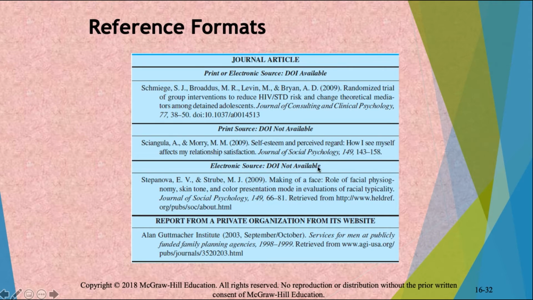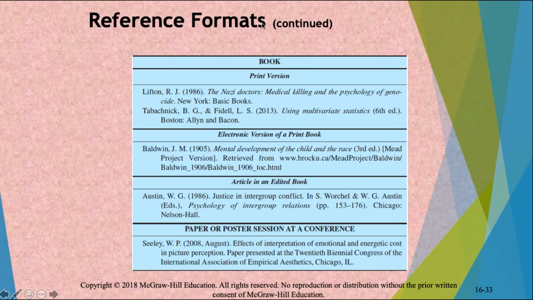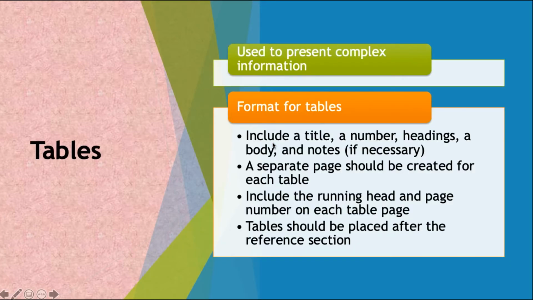For an electronic source where DOI is not available, it is almost the same, but you just put retrieved from, then the link where you retrieved the article. So we have books: the last name of the author followed by initial, then the year in brackets, the title, then the place where the book was published, and the publisher. So you can follow that.